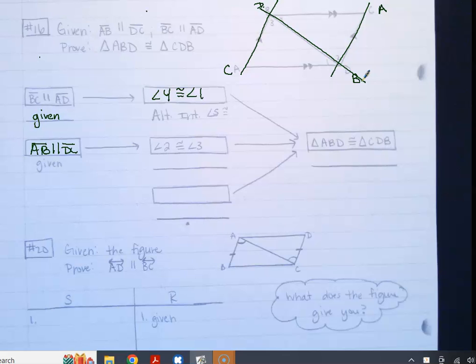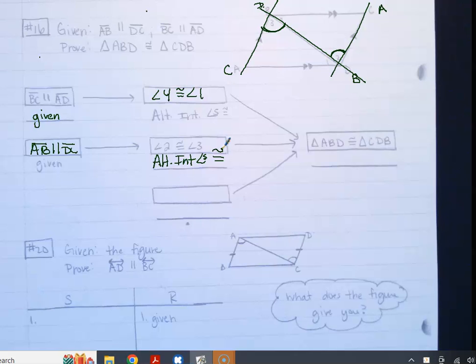Now we can say angle 2, because it's between the parallel line and the transversal, and angle 3 are congruent. And what would the reason for that be? What's the relationship between angle 2 and angle 3? Alternate interior angles again. So alternate interior angles are congruent.